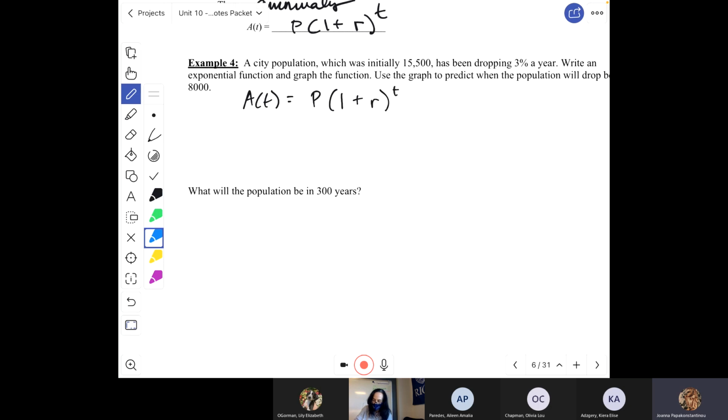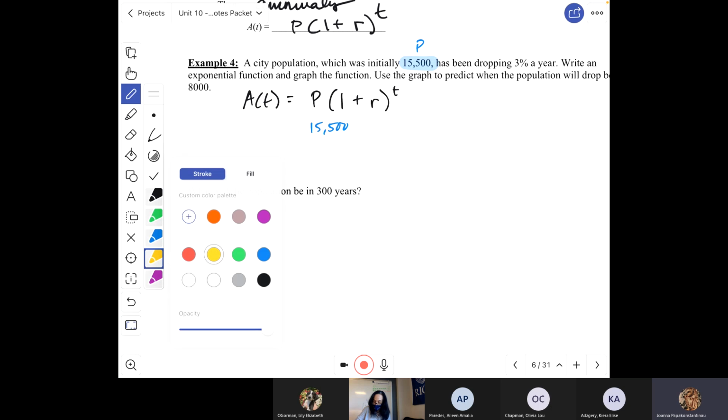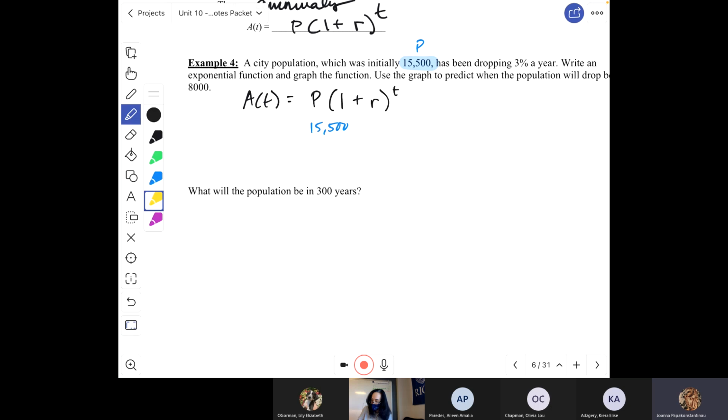What is that value? That is P. Has been dropping. Oh, dropping 3% a year.